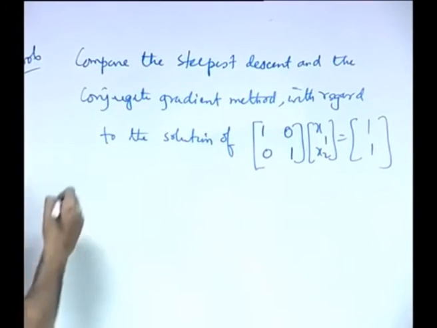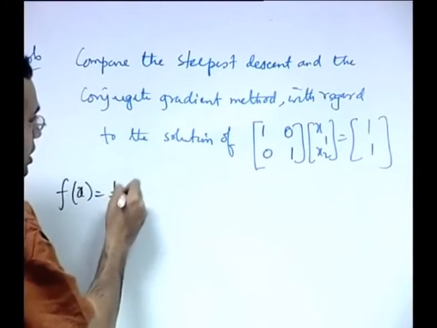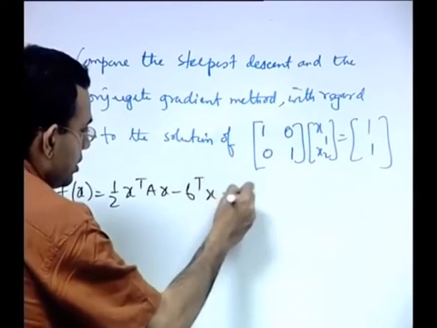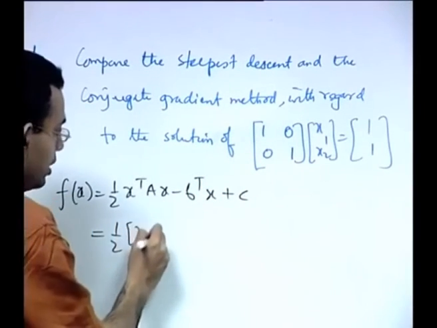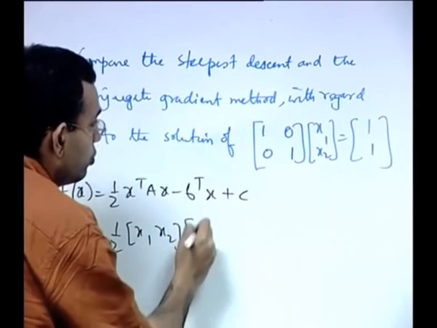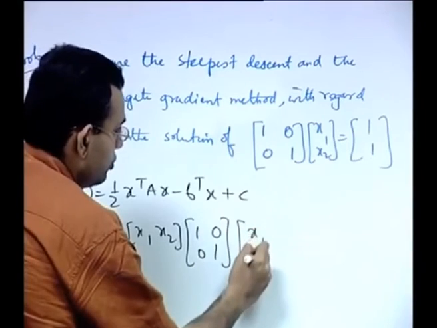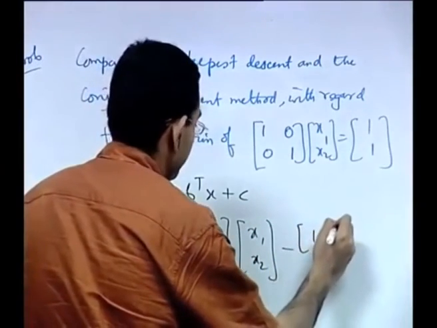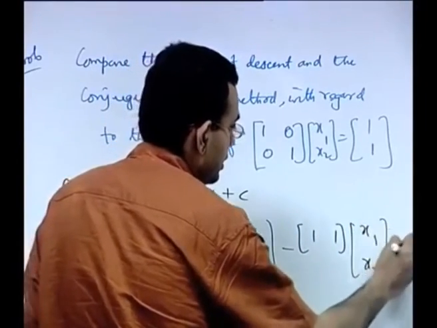So let us find out what is Fx, half of x transpose Ax minus b transpose x plus c. So half of x1 x2 into the matrix 1 0 0 1 times x1 x2, minus b transpose x plus c.